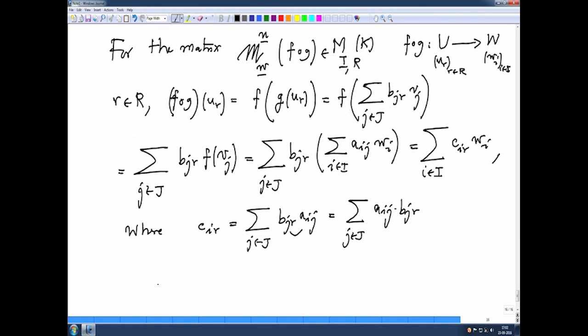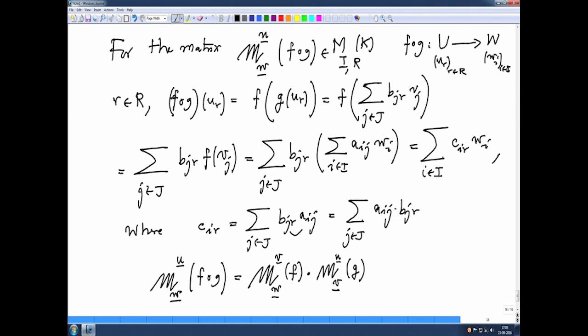What we have proved is the following: the matrix M from U to W of F∘G is nothing but the matrix of F, which is the first one, from V to W, times the matrix of G from U to V.